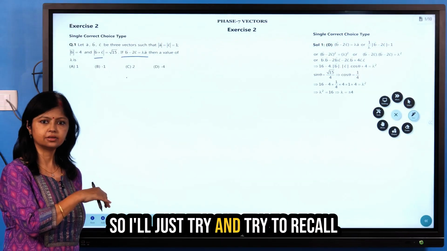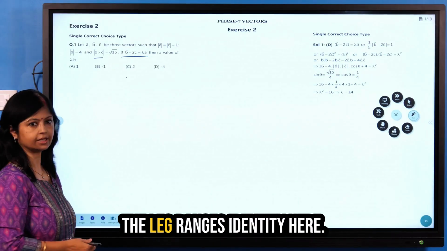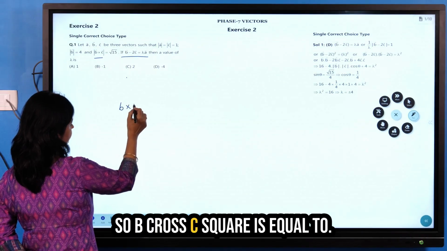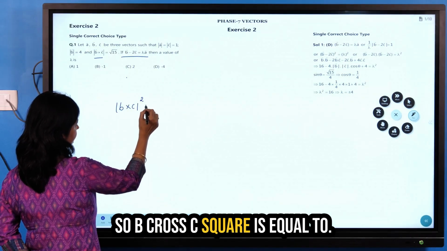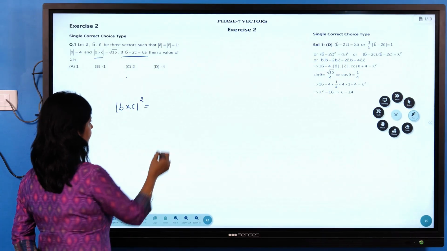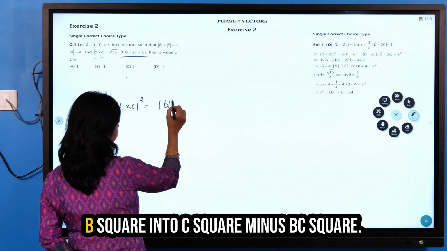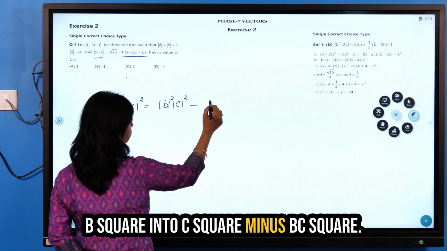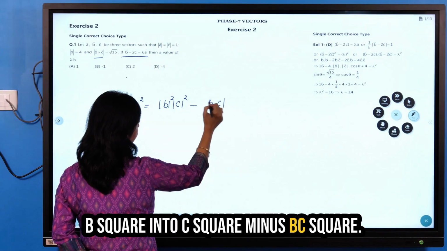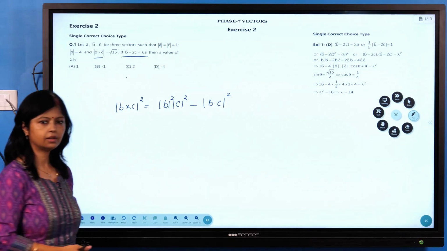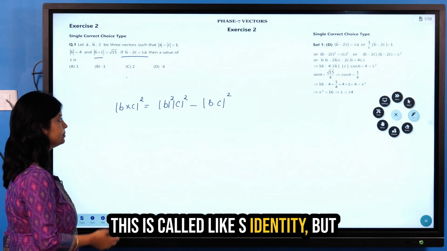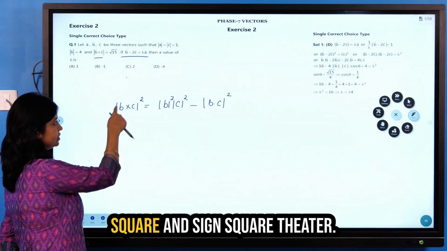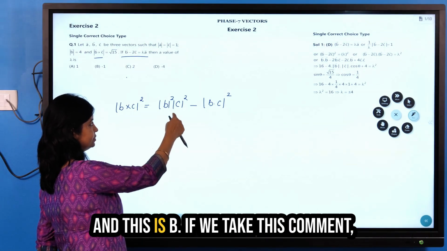So I'll just try to recall Lagrange's identity here. B cross C whole square is equal to B square into C square minus B dot C whole square. This is called Lagrange's identity, but effectively it is the mods of B and C squared times sine square theta, minus the cos square theta term.